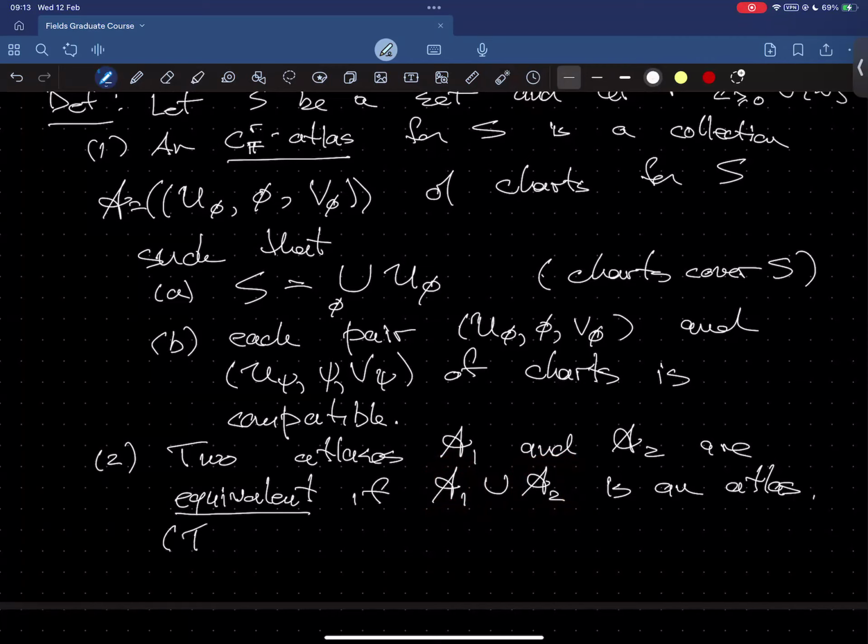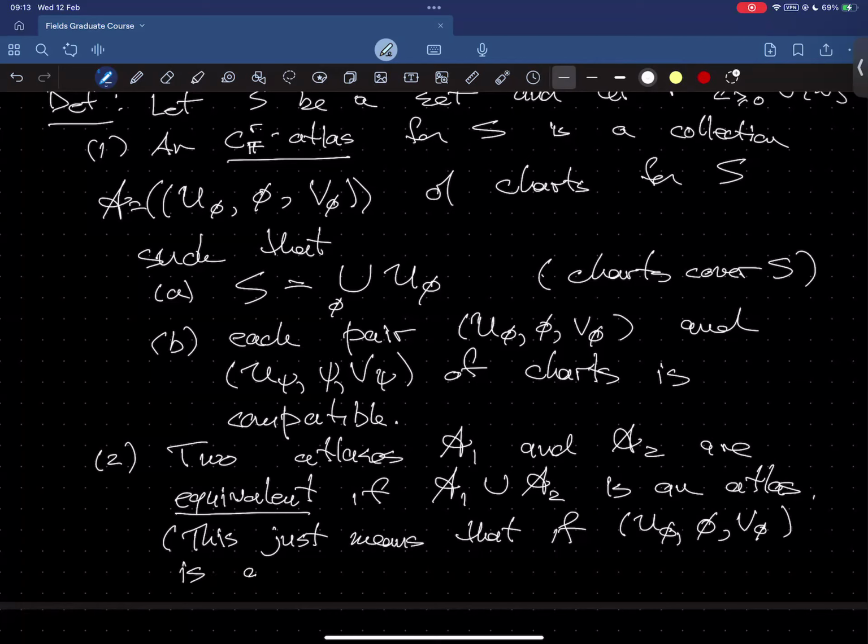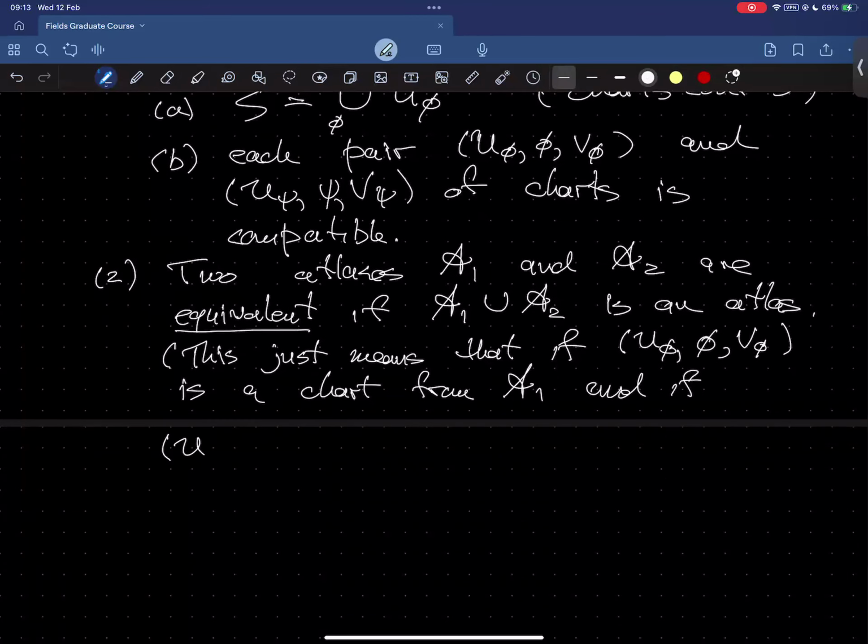This just means that if U, V is a chart from A1, and if U psi, V psi is a chart from A2, then they are compatible with one another. That's the content of the definition of equivalence.